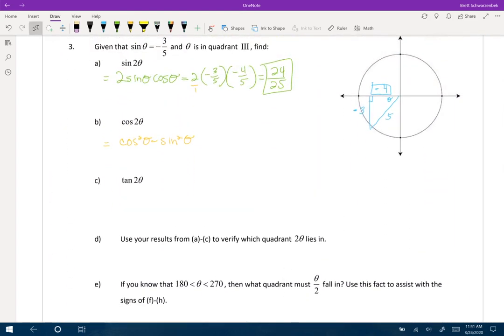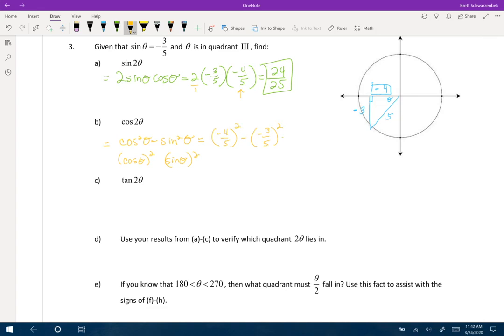Just a note here, I want to point this out: this is the same as cosine theta quantity squared, and this is the same as sine theta quantity squared. So these are the same thing. That means all we have to do is find the cosine of theta, which we already know is negative 4/5, and the sine of theta, which is given in the problem, negative 3/5. And we need to square both of them.